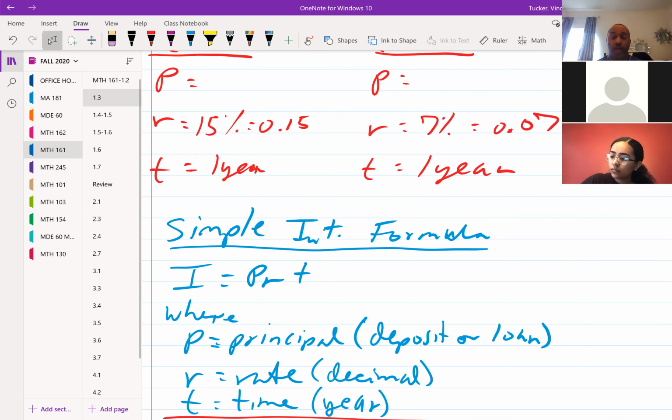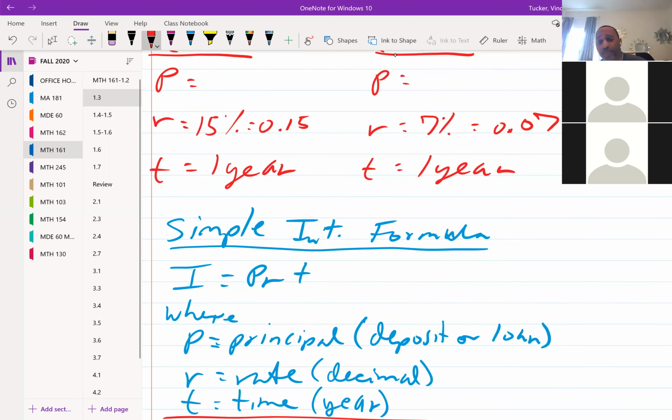We need to know, what am I going to deposit in each account? That's the principal. The rate they gave to us, 15%, I converted to a decimal, 0.15, and the other one, 7%, is 0.07. And we want to know how much we are going to earn in a year, so my time is one year. We're doing that for both accounts.